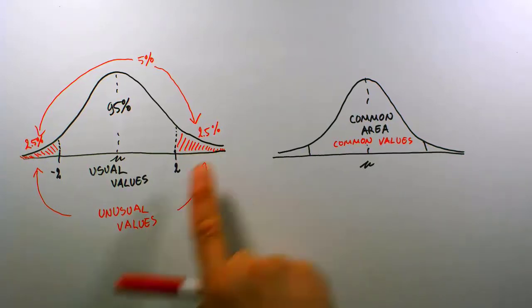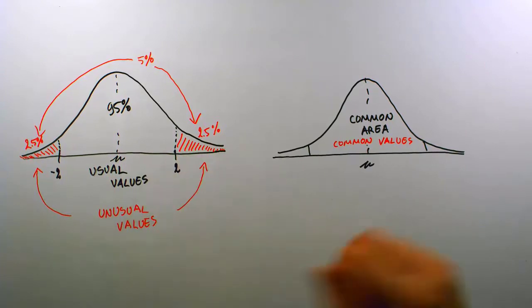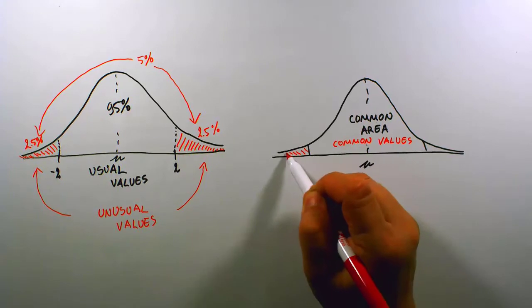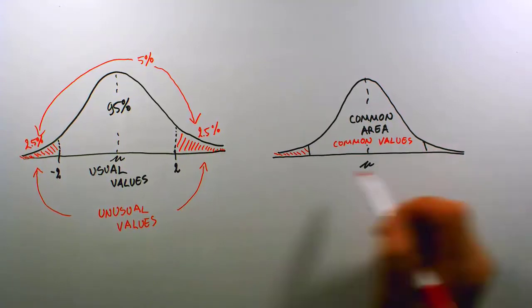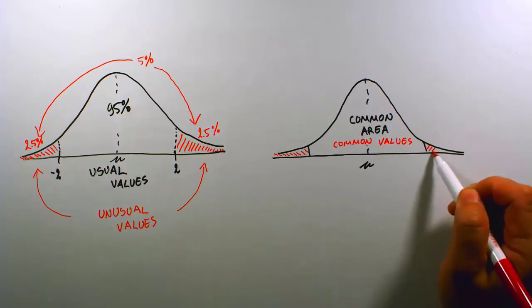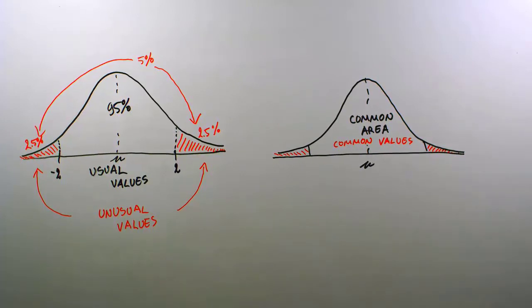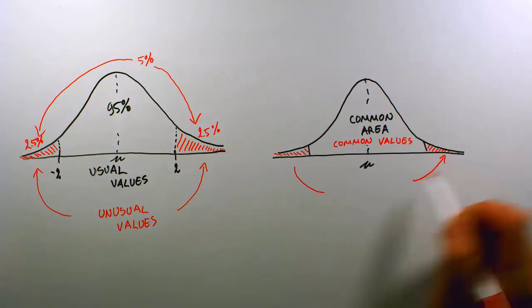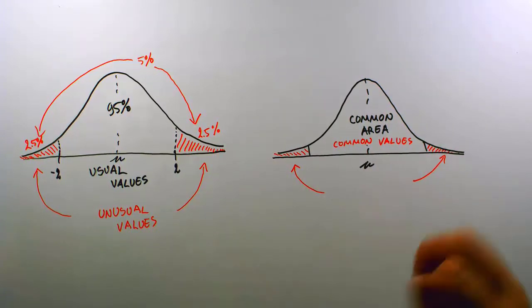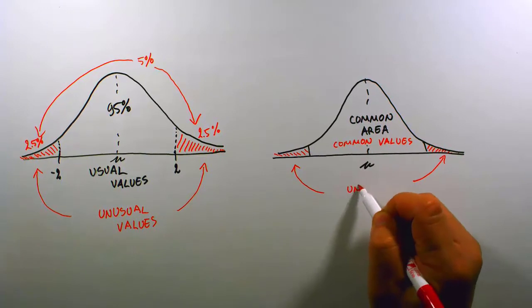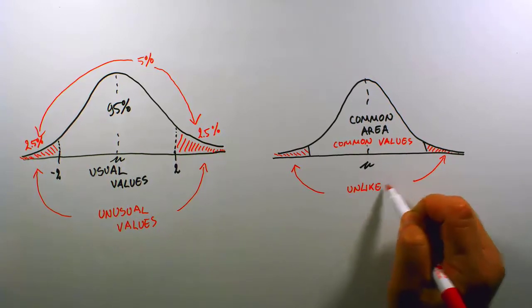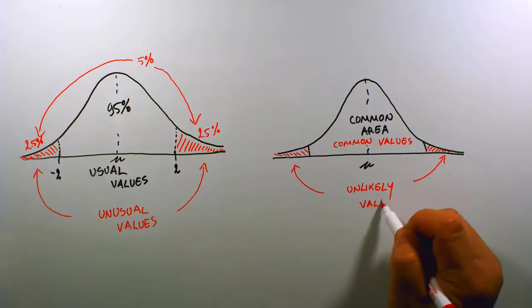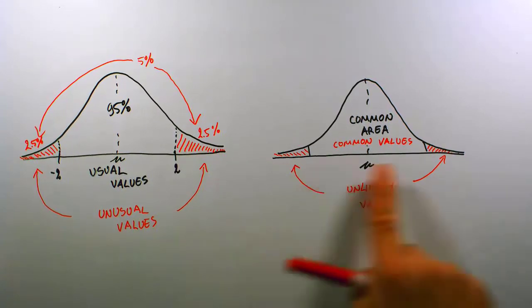And outside of the common area, we can refer to these 2, either the area extremely to the left or the area to the right-hand side in the tail, as follows: the values in here are the unlikely values, because they are located in areas where there is a very low probability to be.